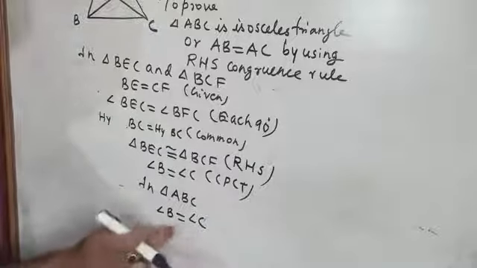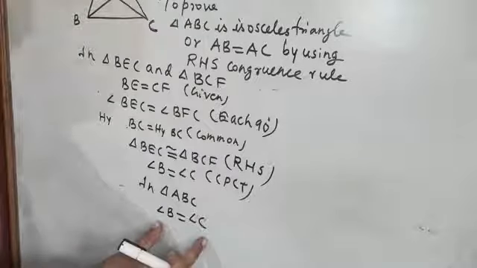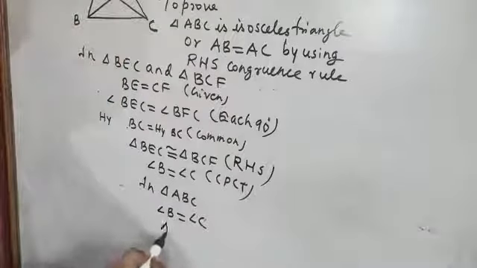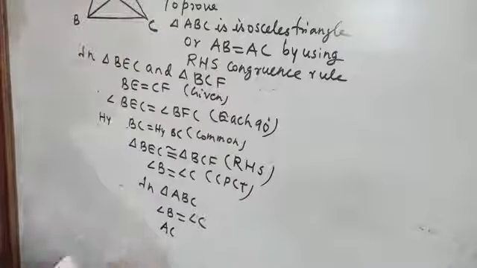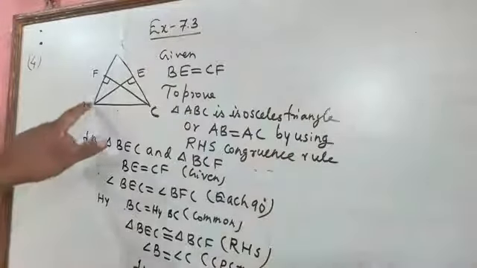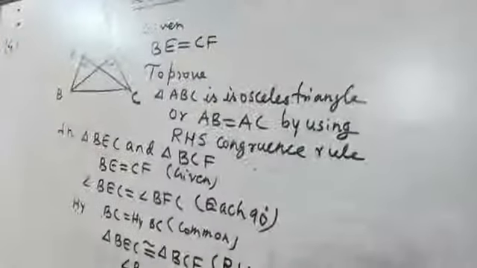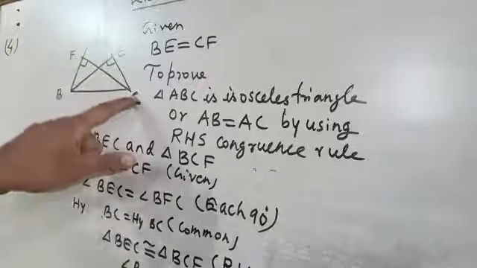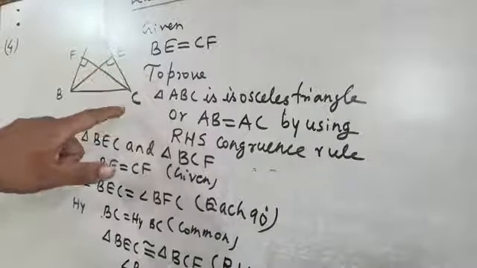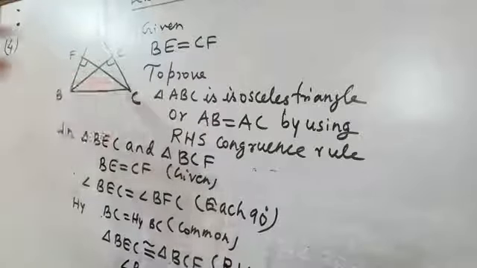Now the side opposite to the angle B is AC, and you can see from the figure that angle ABC, angle B is equal to angle C. The opposite side to B is AC, and the opposite side to C is AB.